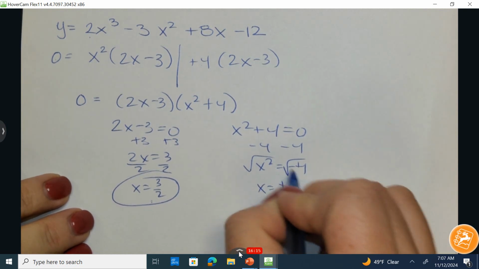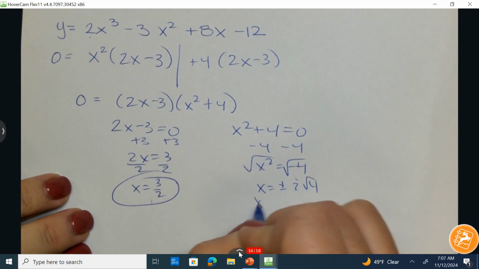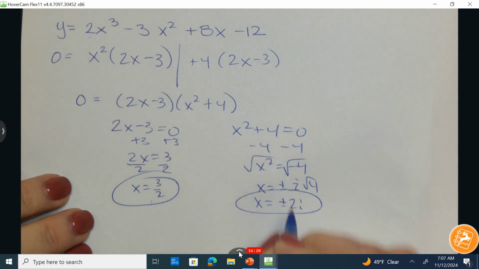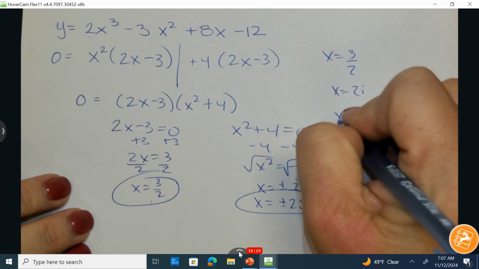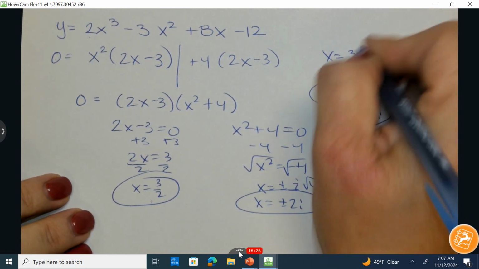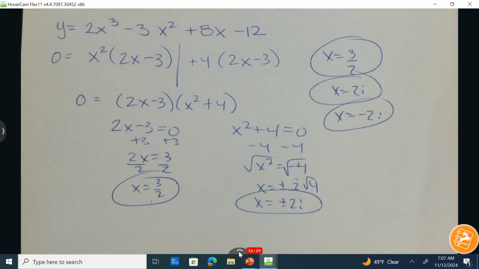Two answers, can't take the square root of a negative, and the square root of 4 is 2. So I have an answer of 3/2, of 2i, and of negative 2i. Two complex solutions. Complex solutions always come in pairs, and one real.